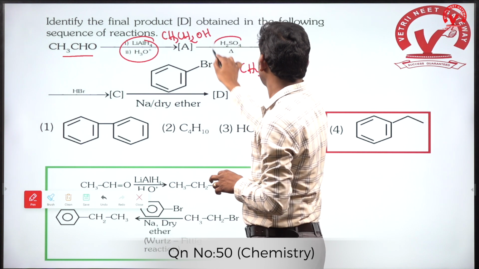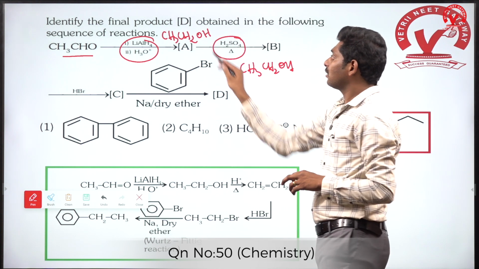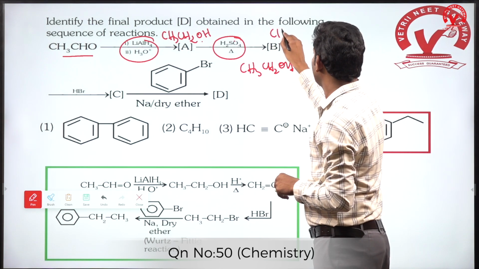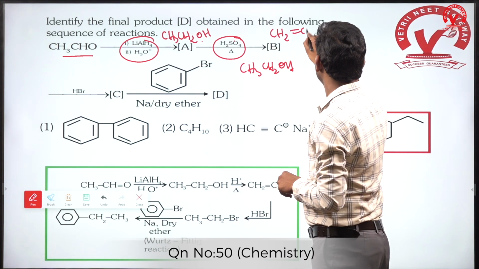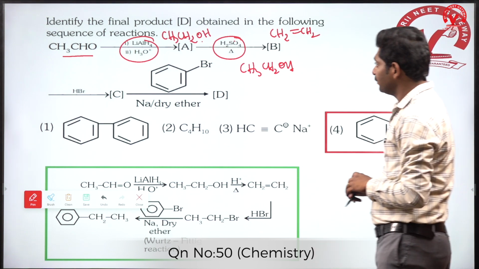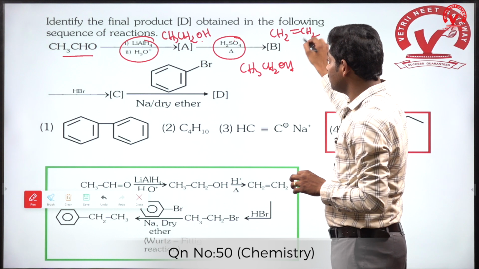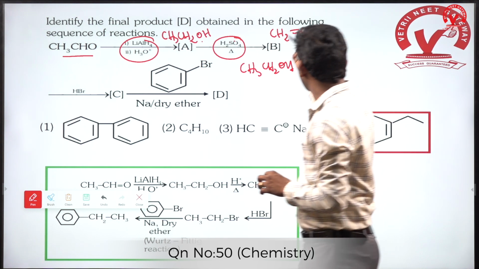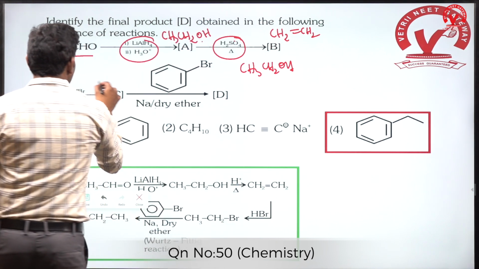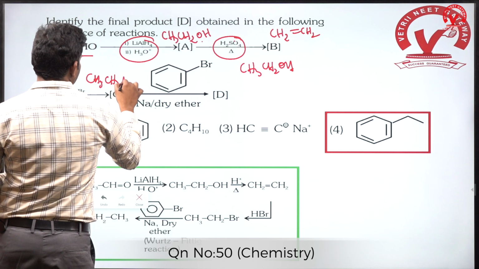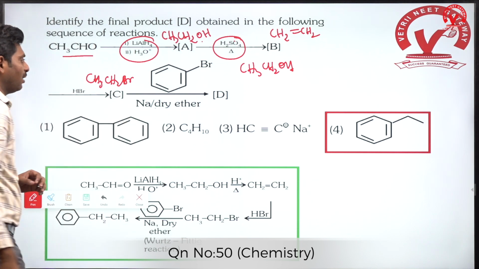Alcohol in presence of H2SO4, as we discussed, will form the alkene by elimination: CH2=CH2. Then this alkene in presence of HBr will form the alkyl bromide, CH3CH2Br.